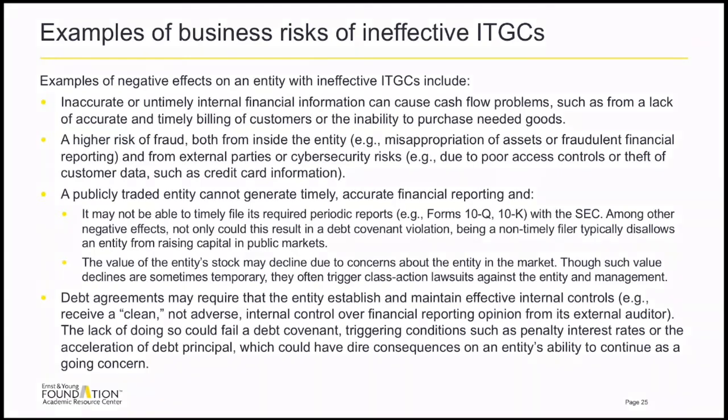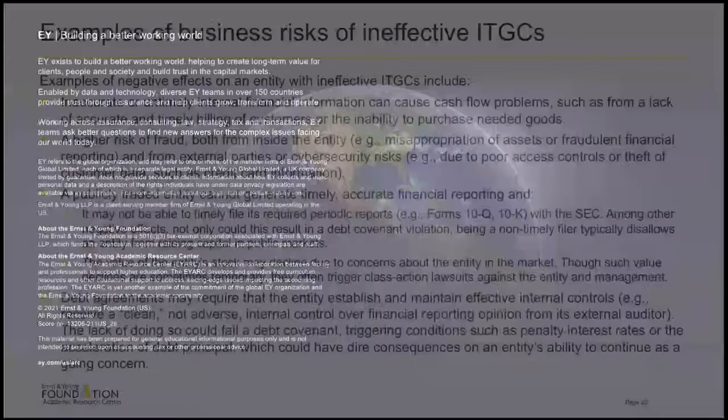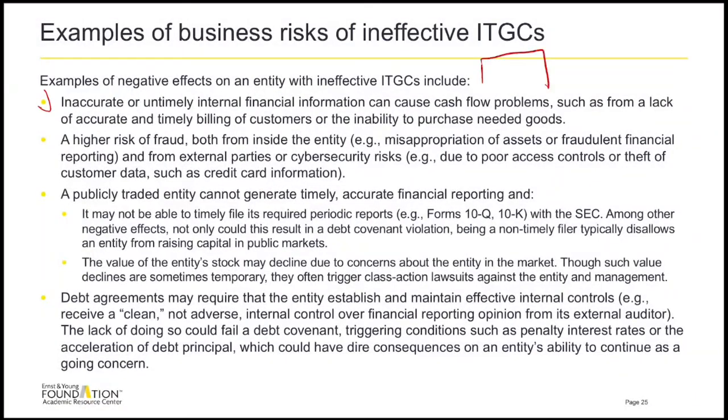So for example, if there are problems in producing the SOA or billing statements, then you won't be able to collect on time. There is also a higher risk of fraud, both from inside the entity and from external parties, or cybersecurity risk.